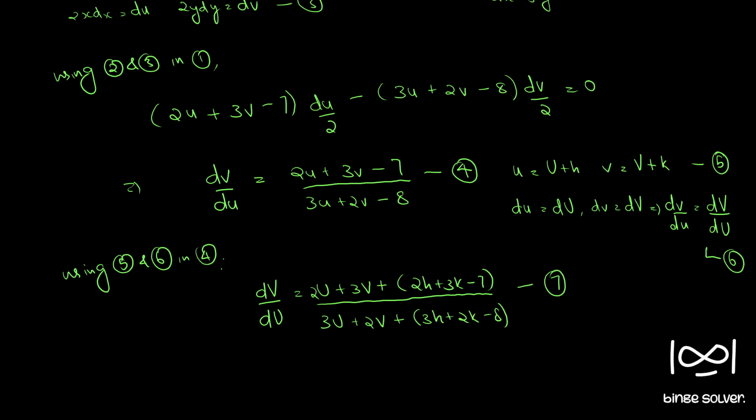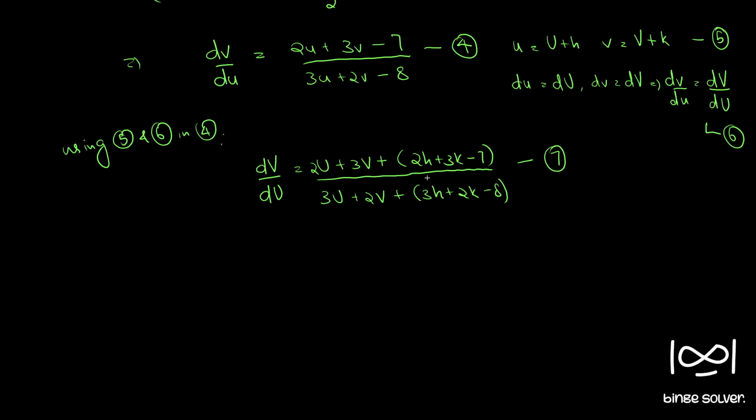Call this equation 7. Now if you select h and k such that 2h + 3k − 7 = 0 and 3h + 2k − 8 = 0, equation 7 reduces to a homogeneous form. So to find h and k, we use 2h + 3k − 7 = 0 and 3h + 2k − 8 = 0.